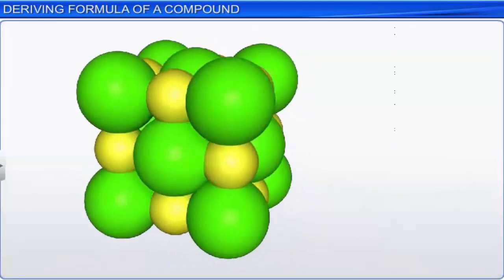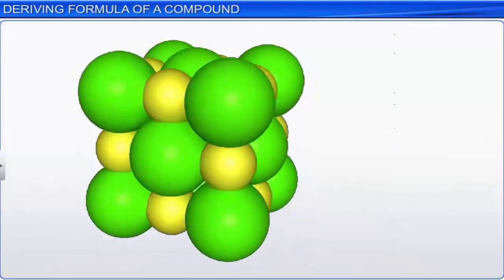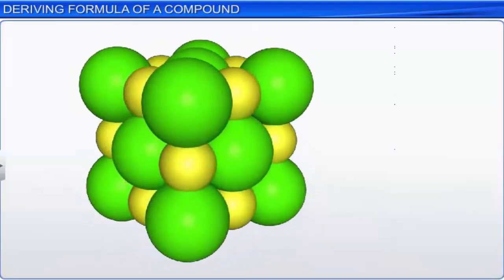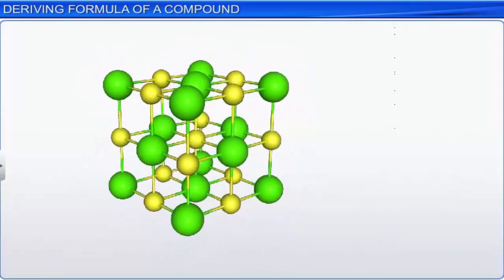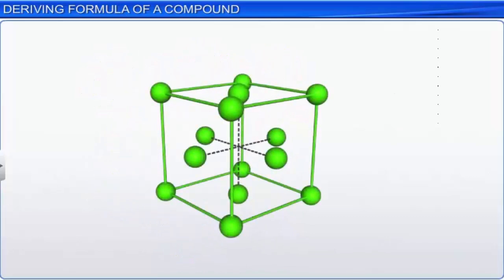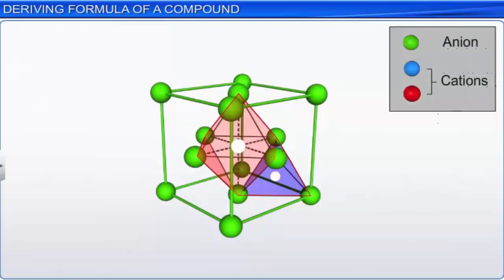Let us now look at how the cations and the anions are placed in the close packing. Usually, the anions, being larger in size, form the basic crystal lattice, and the cations, being smaller in size, occupy the voids. A relatively small cation occupies the tetrahedral void, while a relatively bigger cation occupies the octahedral void.